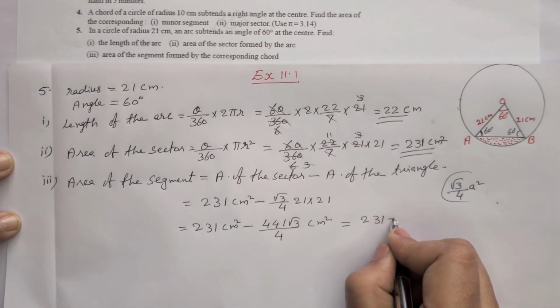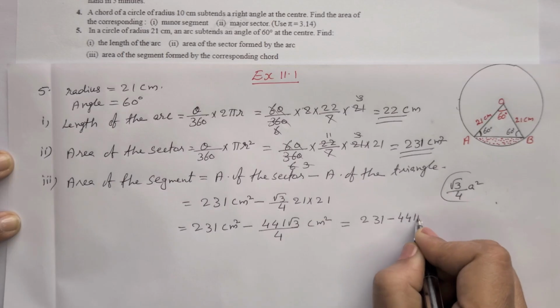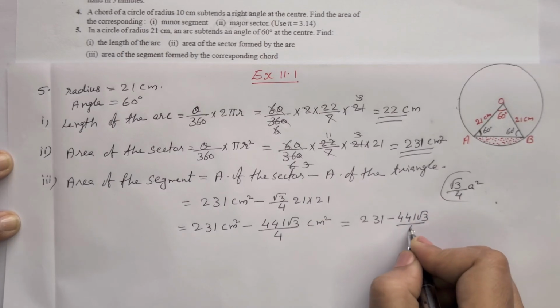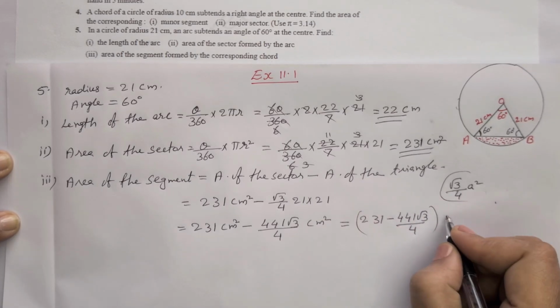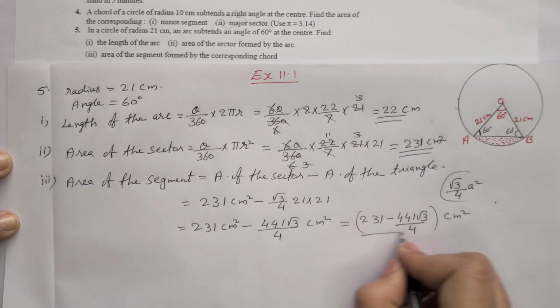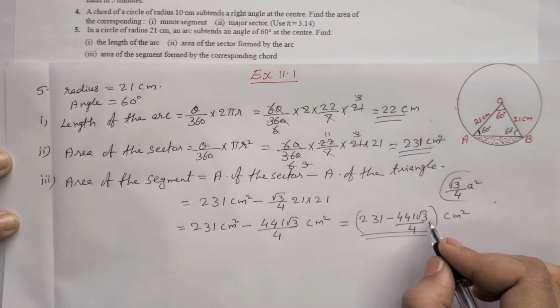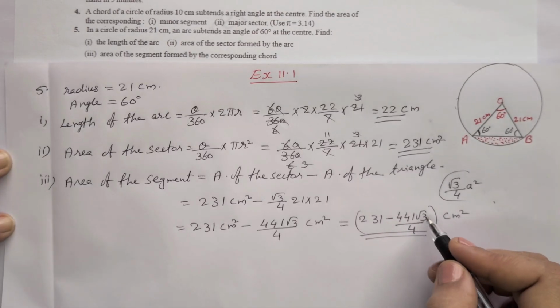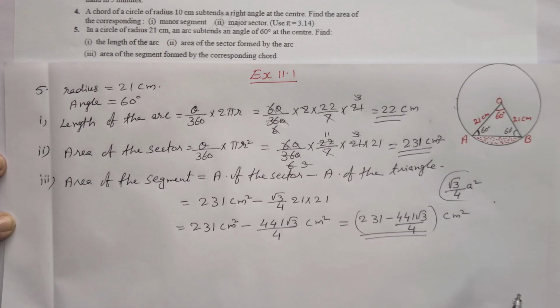So 231 minus 441 root 3 by 4 centimeter square. Value of root 3 is not given, so we can keep the answer in terms of root 3. If the value is given in the question, just multiply with that and find the LCM, and we can simplify that answer.